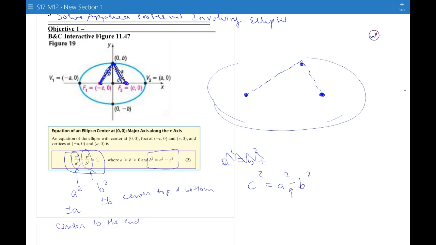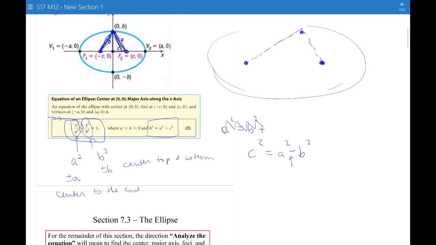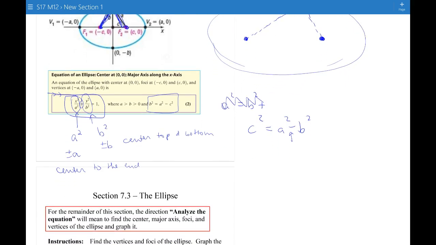So see how there's a difference here in the c squared formula, but there's a plus here in the ellipse formula. So this looks similar to the Pythagorean theorem, but it has a difference in it. And there are triangles involved in the proof of why this is so, but this c number, plus and minus c, is the distance from the center to focus.